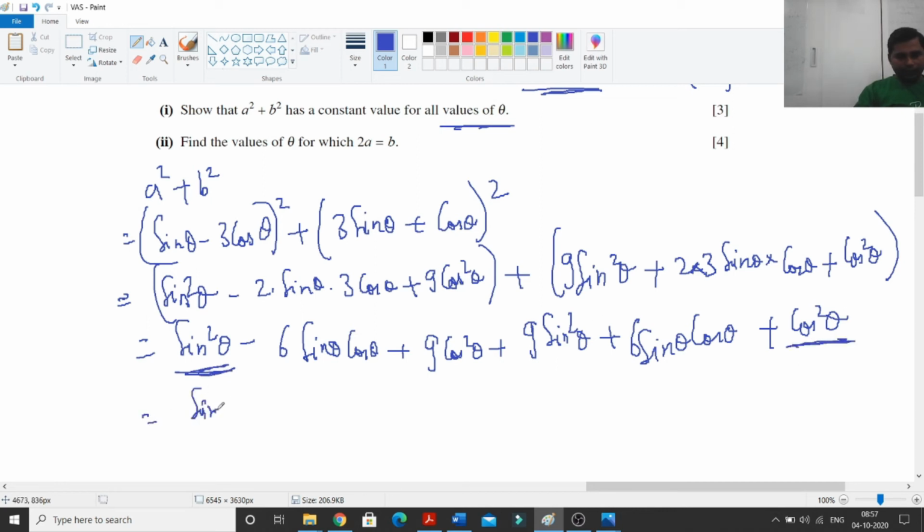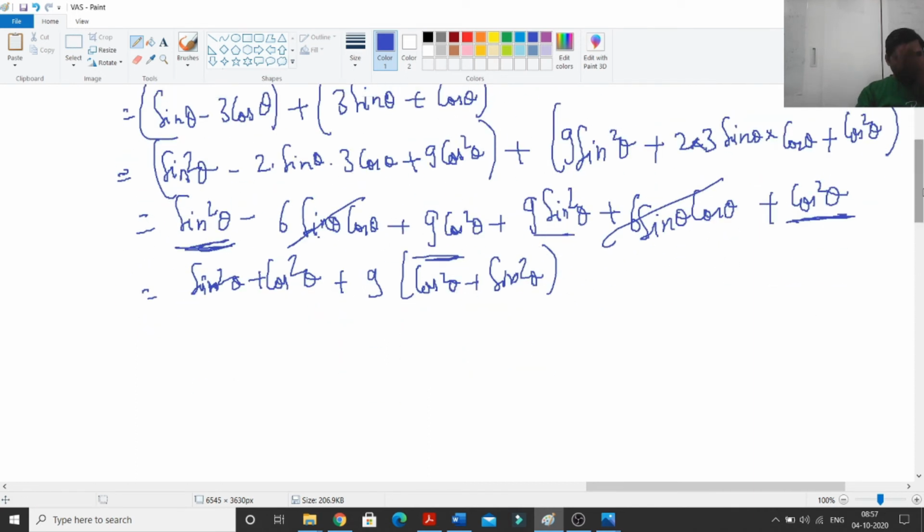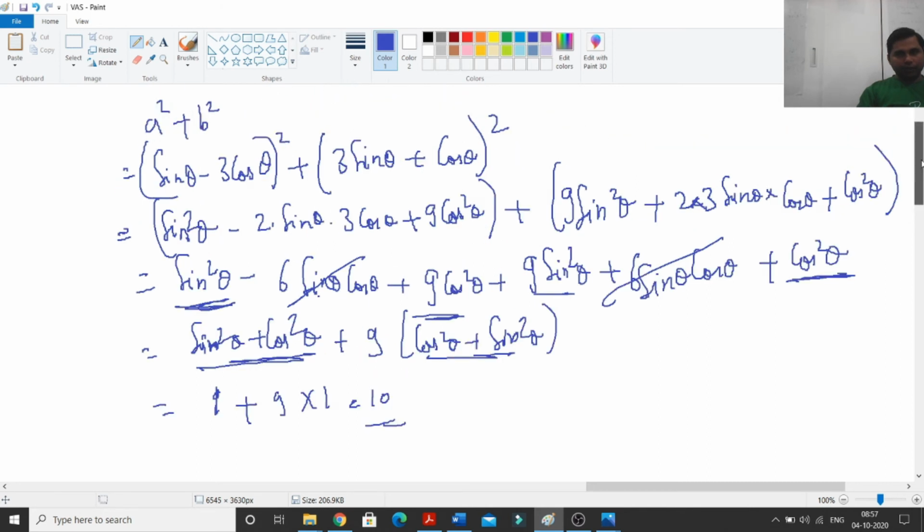Sin square theta, because we know that it's a formula, minus 6 sin theta cos theta, and this gets cancelled out. 9 cos square theta plus 9 sin square theta, let's write it together. So 9 times cos square theta plus sin square theta. This is 1, plus 9 times 1, this is also 1, so it's 10, which is a constant.